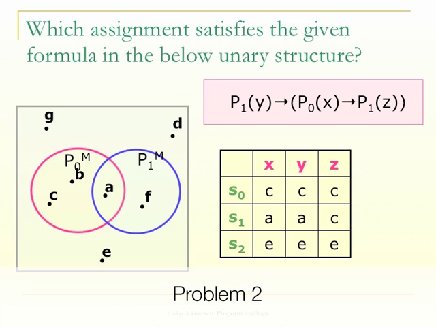Which assignments satisfy the formula P1y implies (P0x implies P1z) in the below unary structure? A quick look reveals that S0 and S2 satisfy the implication as both fail to satisfy the hypothesis of the implication, namely P1y.